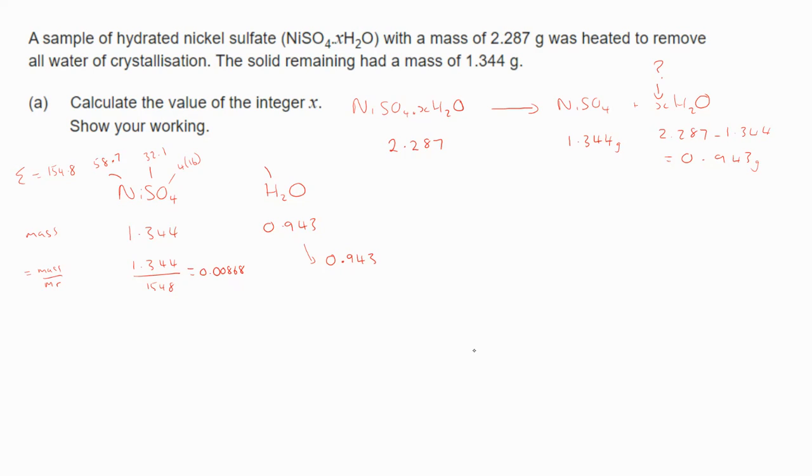So hopefully you know the MR of water already, but just in case, that's 2 lots of 1 and 16, which is 18, so I divide that by 18. When I stick that into my calculator, I get 0.0573.